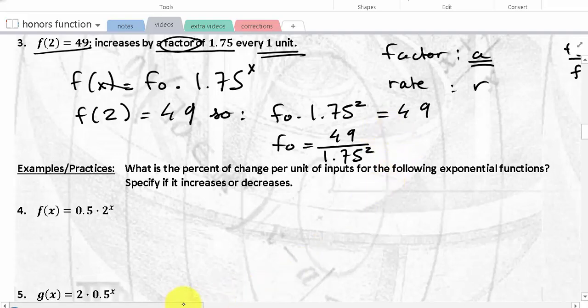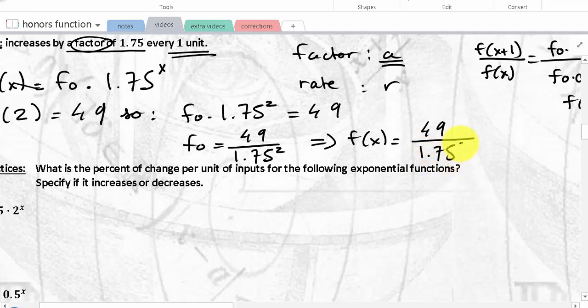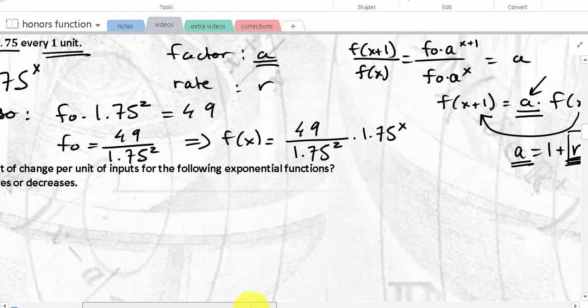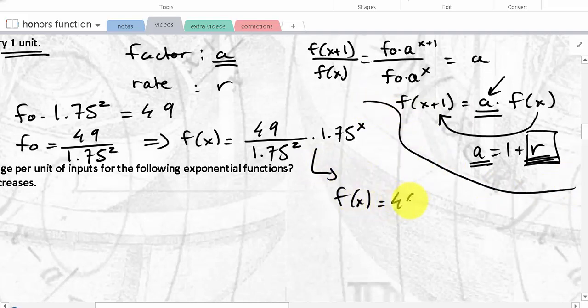So I'm not going to take my calculator here. I can just rewrite my function. F of x would be then f0, so 49 divided by 1.75 to the second power times 1.75 to the x. And so what is this? So this is f of x equals 49 times 1.75 to the x minus 2.